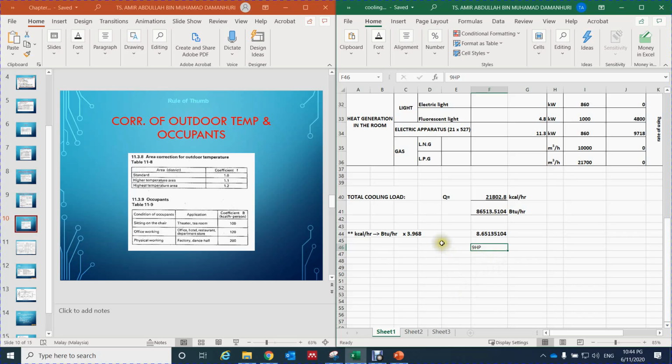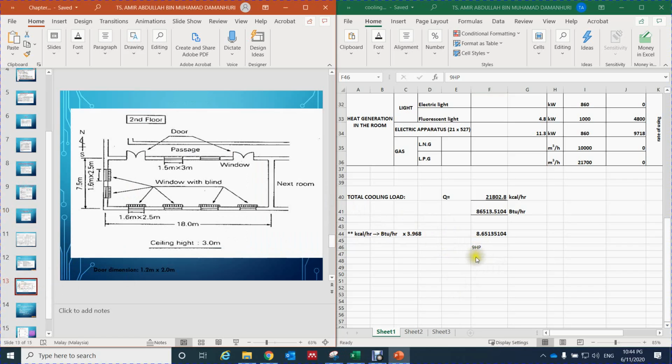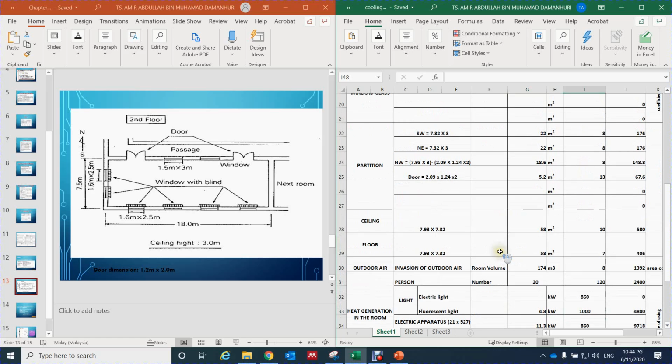So in this room we can arrange several air conditioners. Maybe we use 2 horsepower, times 4, which is about 8 horsepower, and then we can use 1 horsepower for one more unit, so we get about 9 horsepower of air conditioning.